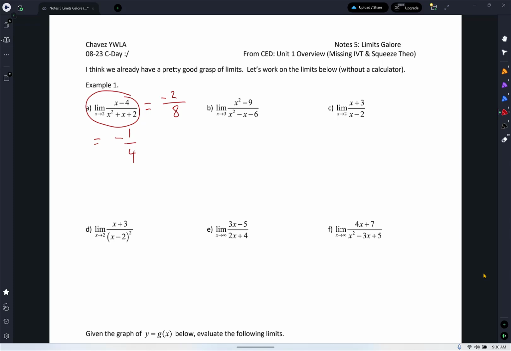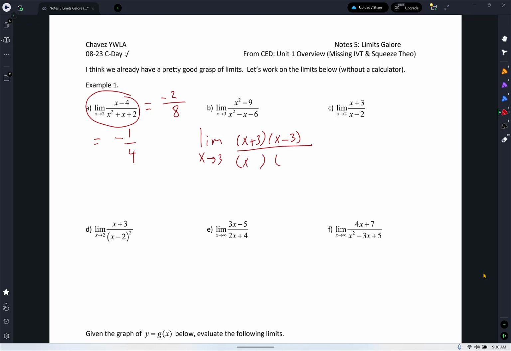Look at letter B. Can I do direct substitution on that one? No, because you get 0 over 0, so something in your head should be ringing like, hey, I need to do something about it because it definitely has a limit. In the numerator, that's a difference of squares. Notice that I'm going to write the word limit because I haven't evaluated it yet. x plus 3, x minus 3. Are we still cool? In the bottom, two numbers that multiply to give you negative 6 and add up to negative 1. What is that?